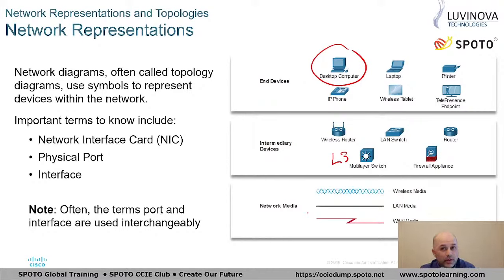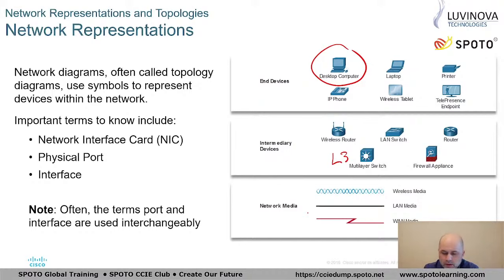Then also, physical port and interface. Physical port is exactly the physical place where the cable gets into the device. The interface is the logical abbreviation of that physical port. Logical.